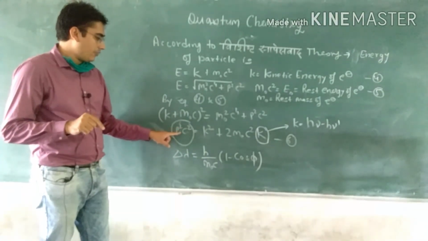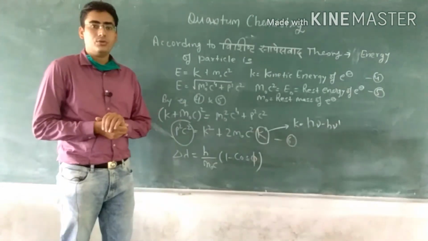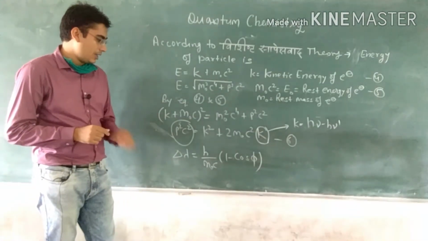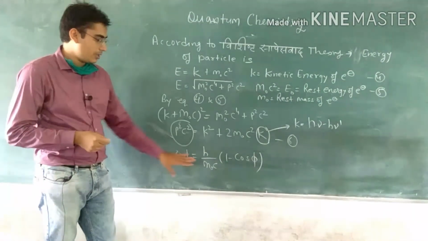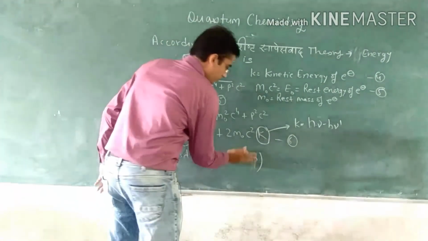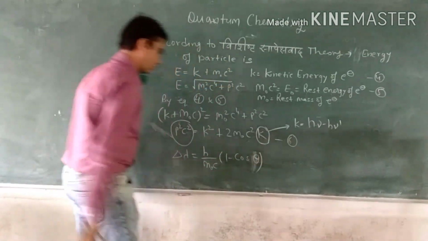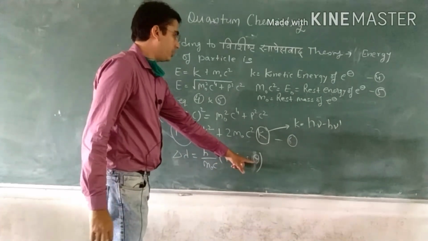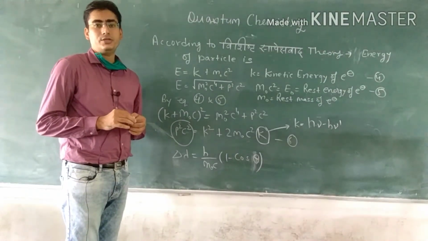We put the values of p square c square and K and rearrange them. Then in the last we get the Compton shift equation, which is given by this. Here theta is the angle between scattered X-ray and incident X-ray.